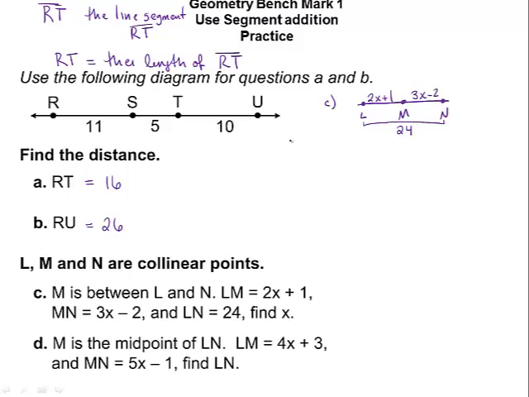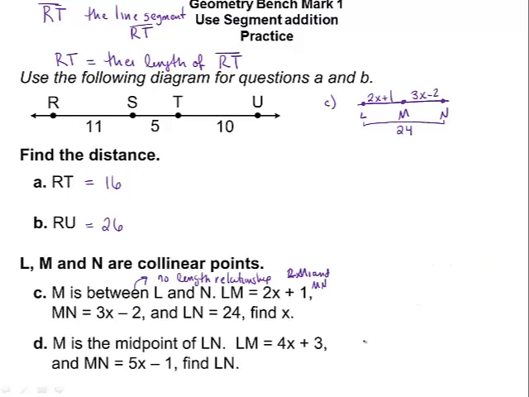Now, because we're given the whole length and we're told that this is between, the word between just means anywhere in between. So there's no length relationship. Yeah, it's not a midpoint. There's no length relationship between LM and MN.